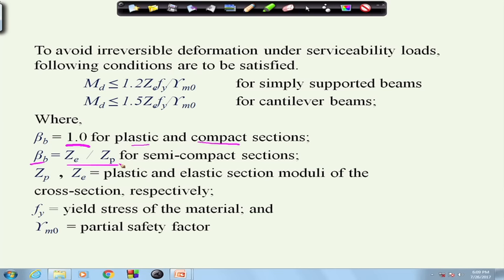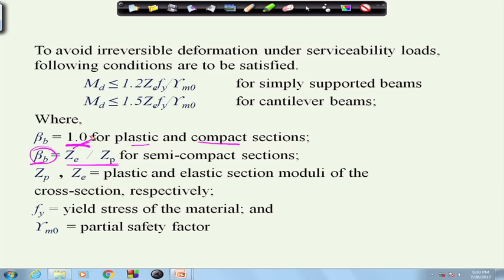So, the ratio of Ze by Zp gives beta B for semi compact section, and for plastic or compact section beta B will be considered simply 1.